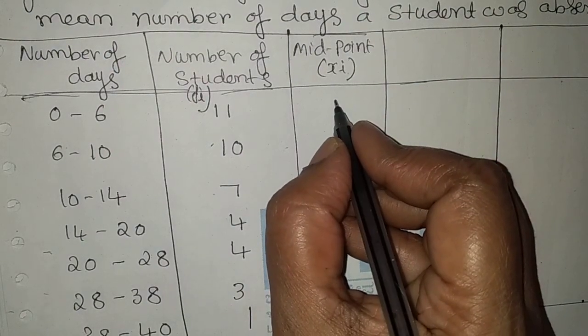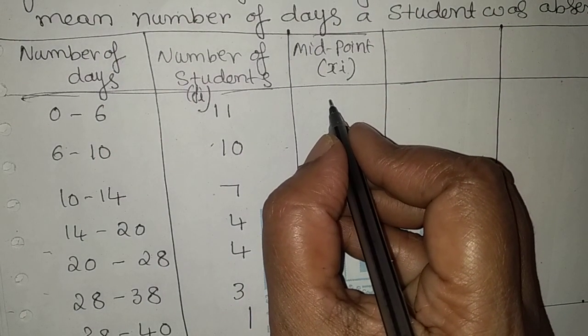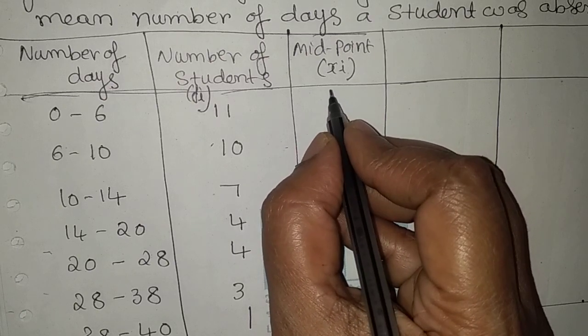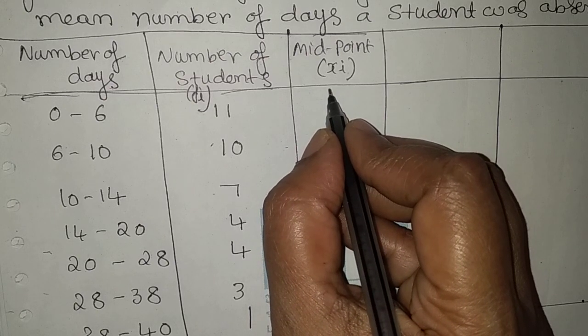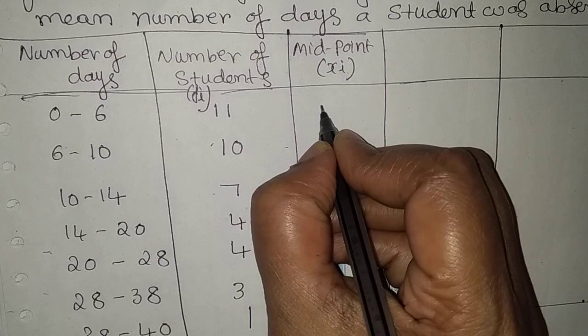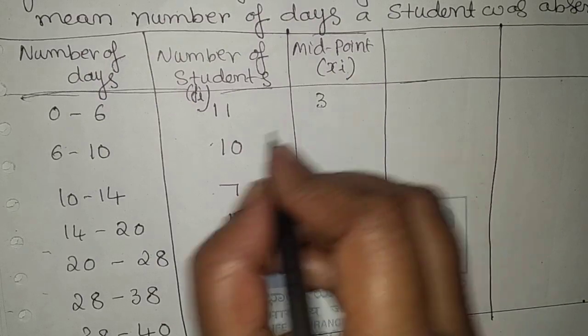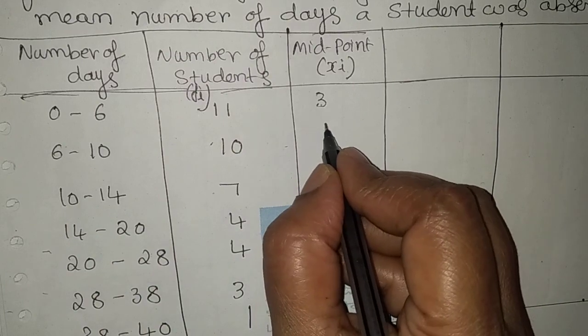Now here the midpoint: 0 to 6 means 3. 6 to 10 will be 8.